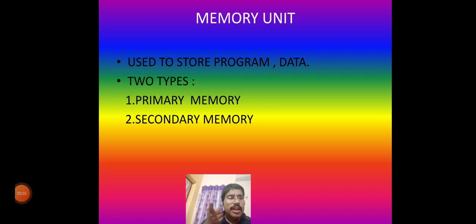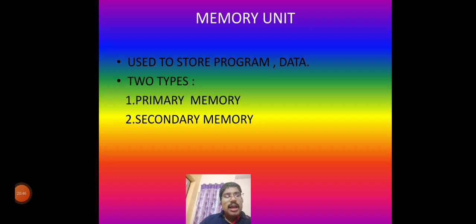We interface a pen drive externally by using a port, or we insert a DVD or CD externally, and we access the information that is present in the pen drive or DVD. So these all come under the category of secondary memory. They are not inbuilt memories.